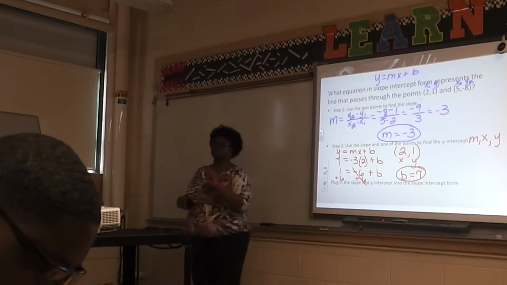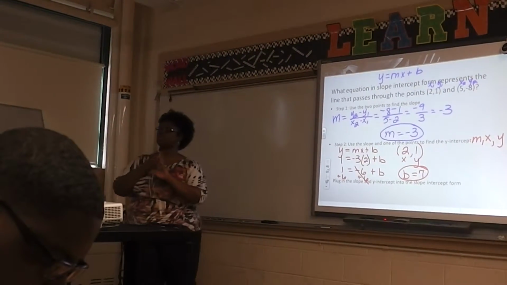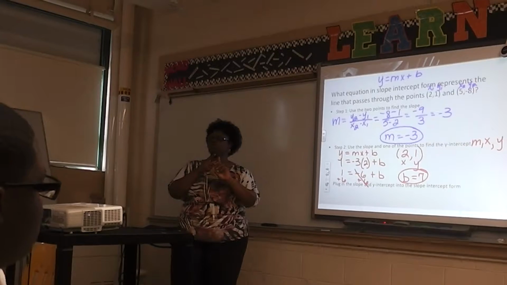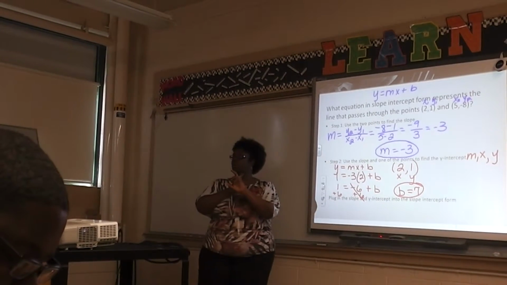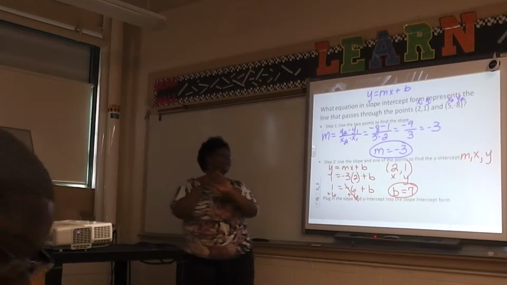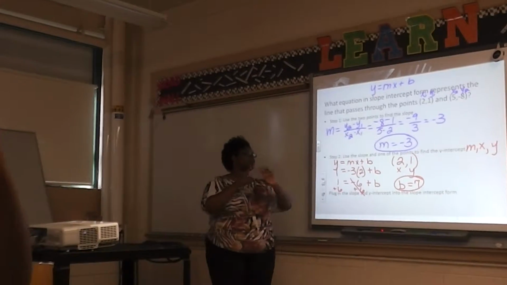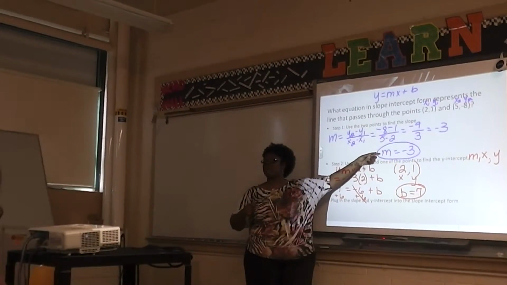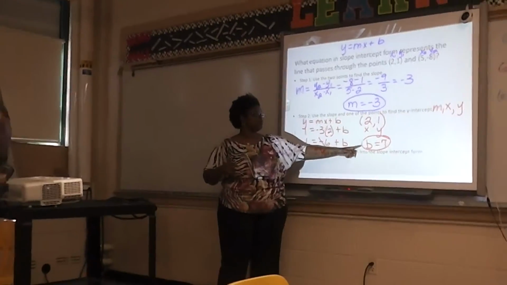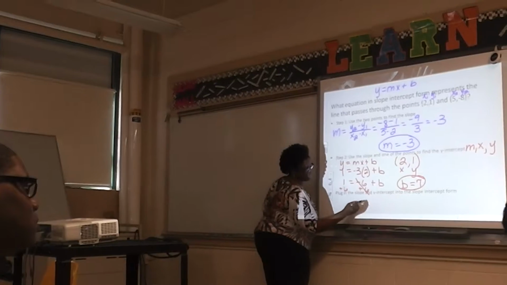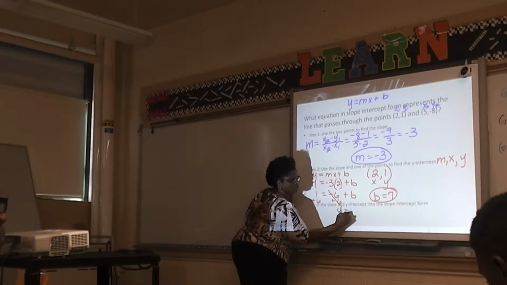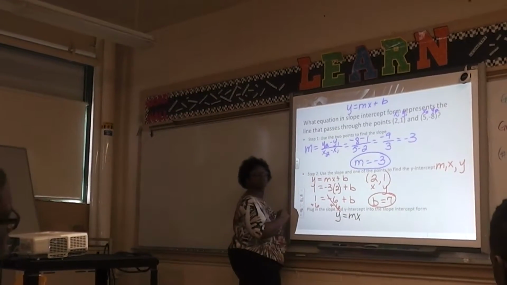So what were the 2 pieces of information we needed to write our equation? X and Y. No, we needed the M. And Y-intercept, okay? So we just found both of those. We found our M, which is our slope, and we found our B. So remember, when we started, we said that slope-intercept form was Y equals MX, what's the rest of that?